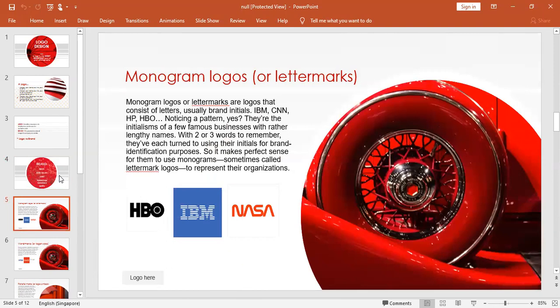There are also logos where we use a picture, from which we can get everything about a company or an organization, which we call picture-based or iconic logo types. When it comes to a letter mark, for example NASA, Google, IBM, HBO, those organizations do not have any image, icon, or illustration in their logo.